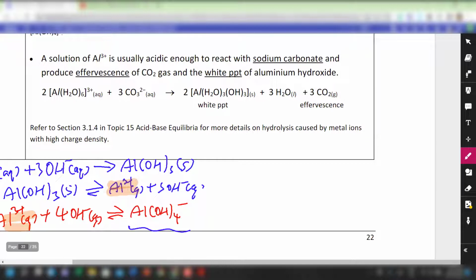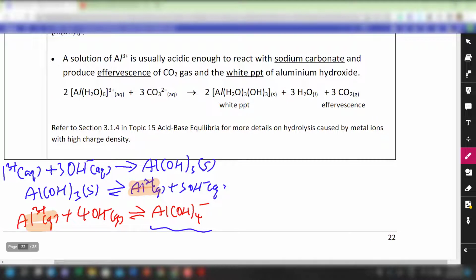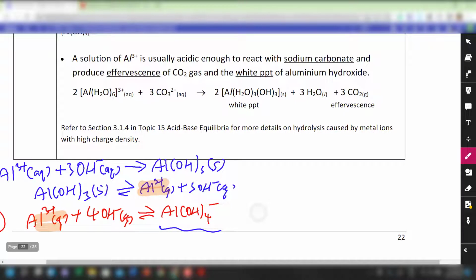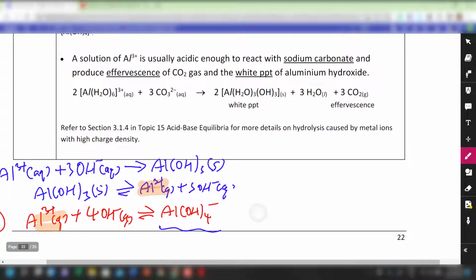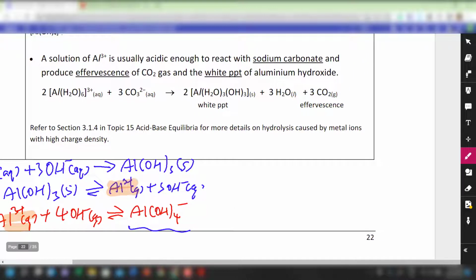I'm going to use a similar explanation to talk about carbonate. But for carbonate, I'm going to discuss the subsequent hydrolysis of hexaaqua aluminum(III). So I'm going to explain it over here.